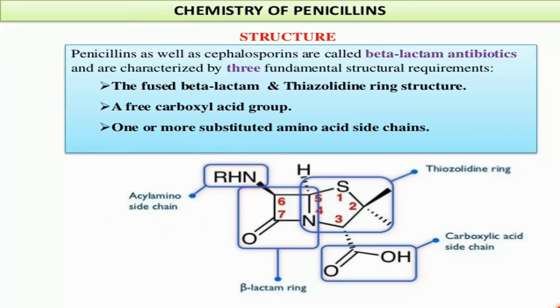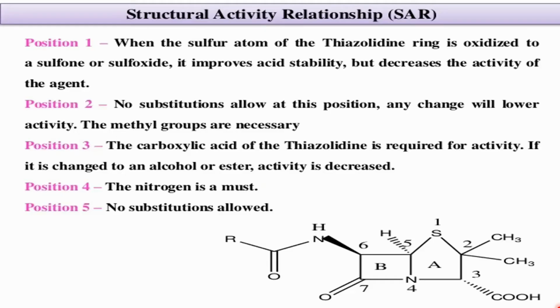Now let's discuss the SAR, structure activity relationship, of penicillin derivatives. Here you can see the first position where the sulfur atom is present on the thiazolidine ring. If any modification is made, like if sulfur is converted into a sulfone derivative or sulfoxide, then it improves the acid stability but decreases the activity of the compound.